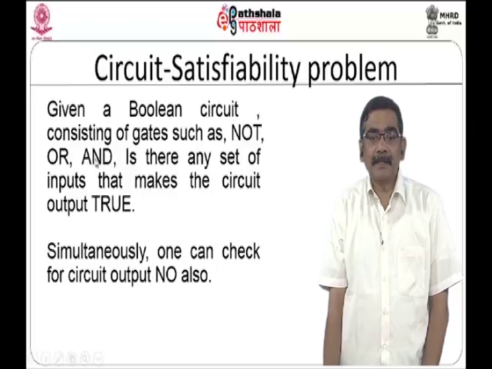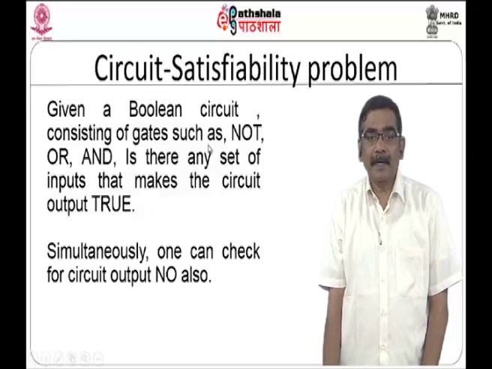The question is, is there any set of inputs that can make the circuit output true? If someone gives an assignment that makes the circuit output true, then the problem is said to be satisfied.